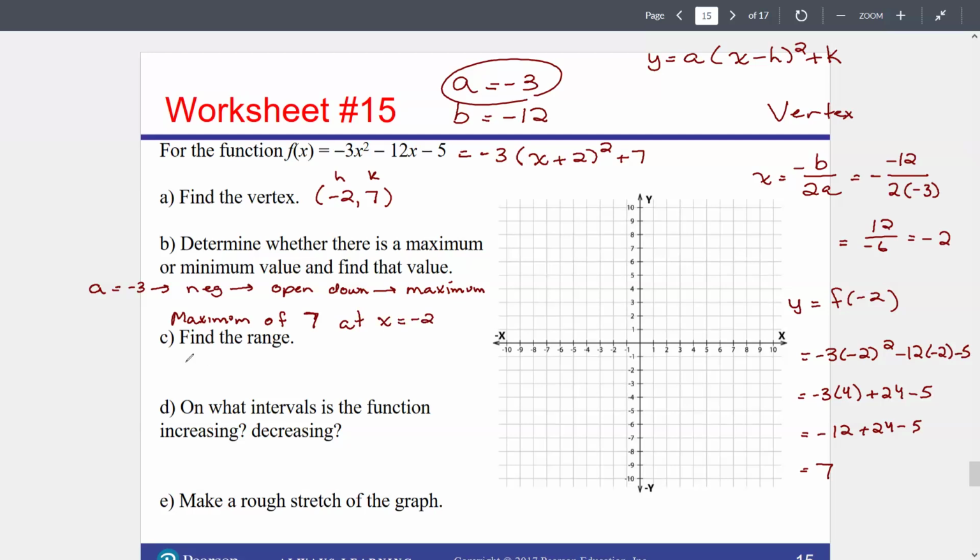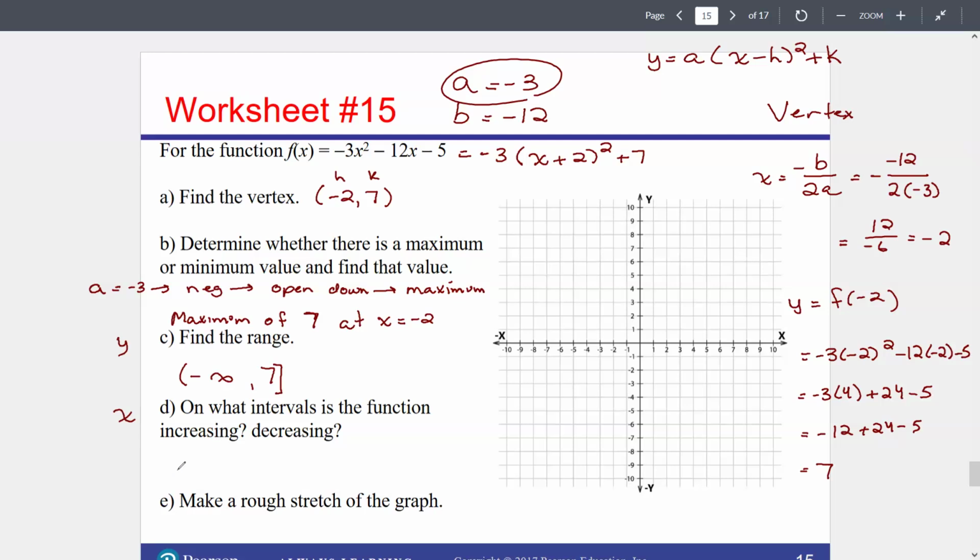The range is going to be, I max out at that 7. So I'm pretty much everything from negative infinity up to that 7, and then that's where I have to stop. Remember, range is just y values. Increasing, decreasing intervals are your x values.